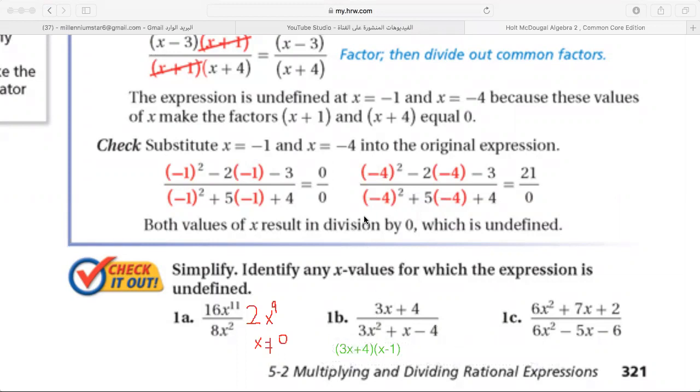So this factor will cancel this one and this one will be 1.